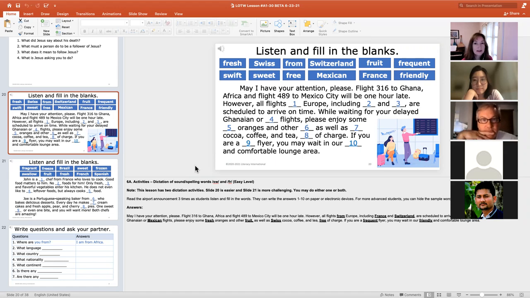And so the first activity we usually have is a listening exercise where they listen to a dictation and they have to fill in the blanks with words that they've learned in the vocabulary section. And so we try to make these lessons be some sort of realistic things that they might hear, like this one's an airport announcement.